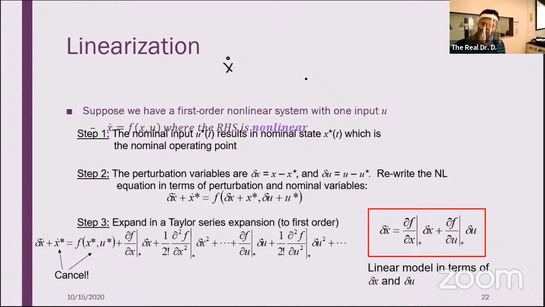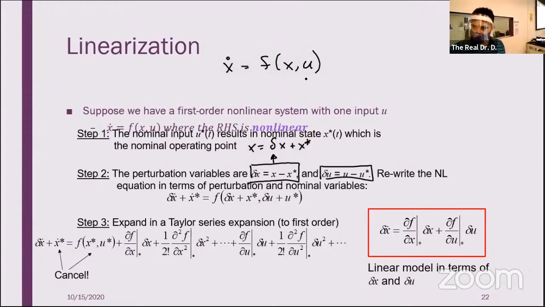If I start with x dot equal to f, a function of x and u, and I rewrite this one, and I rewrite this one, I can plug these into this equation here.